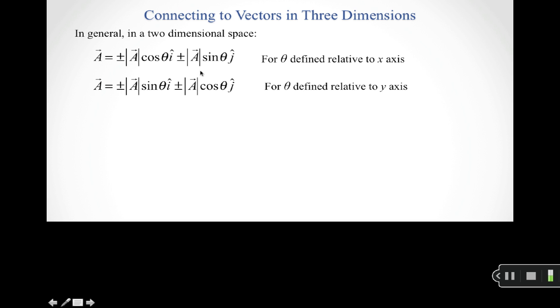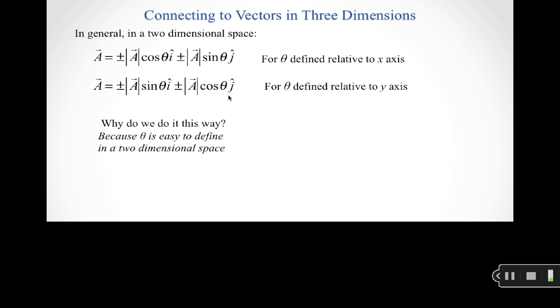If I switch it around so that theta is defined relative to the y-axis, again, my trig functions switch around, but everything else is the same. So I've still got a plus or minus out front telling me whether it points in the positive or negative x direction, and positive or negative y direction. I've got the magnitude of vector A, and then I've got the right trig function. So why do we do it this way?